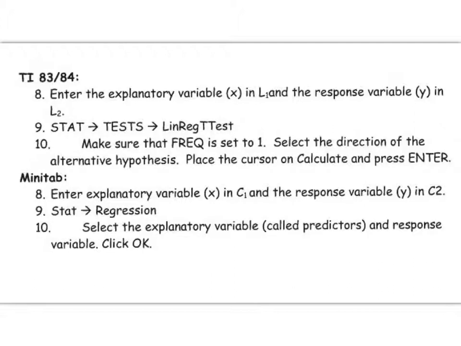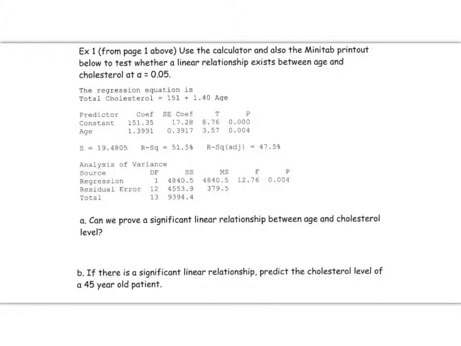And you're going to scroll down in the test till you find linear regression t-test, and then set the direction of your alternate hypothesis, and then you're going to hit enter, and it'll give you some of the values you're going to need. I'm going to use a Minitab printout for this video, but your calculator will give you the same, or the important information you're going to need.